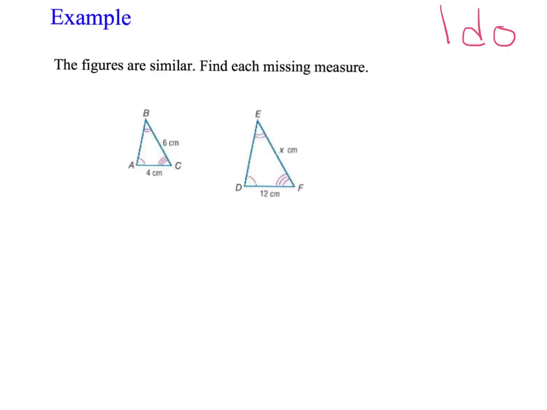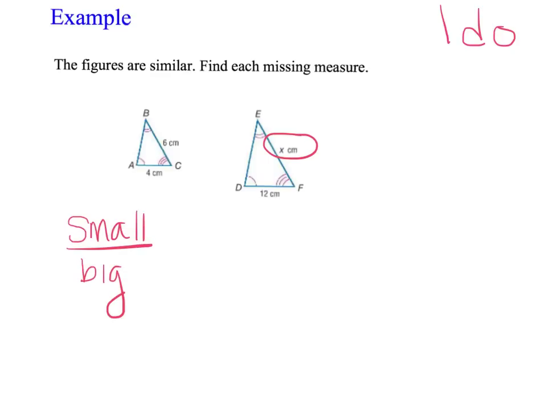Now, remember what a similar figure talked about. It said that if figures are similar, that means they have proportional sides. So I'm going to set up a proportion in order to find this missing measure here. So I want to set up my proportion to be, let's do the small triangle over the big triangle.